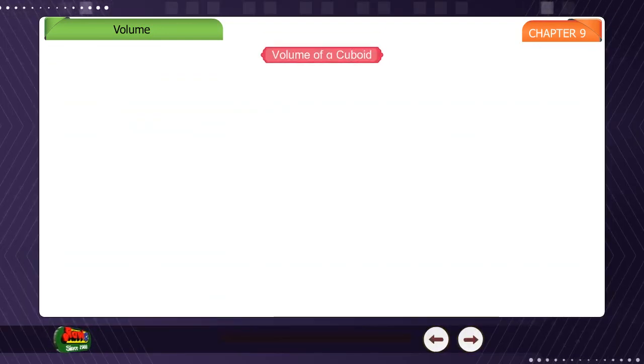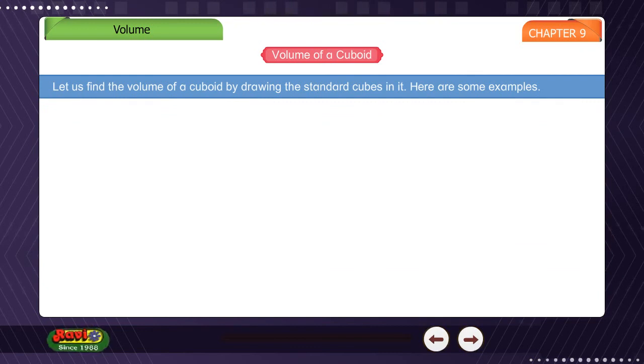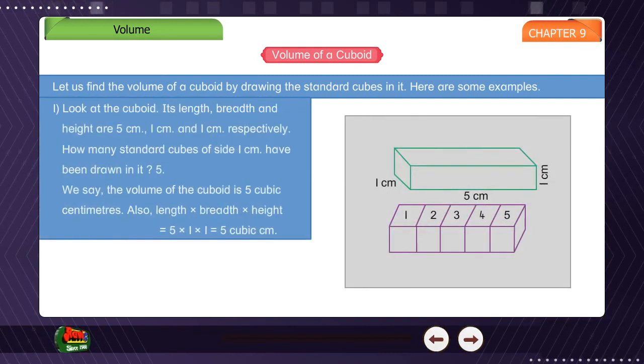Volume of a cuboid. Let us find the volume of a cuboid by drawing the standard cubes in it. Here are some examples. 1. Look at the cuboid. Its length, breadth and height are 5 cm, 1 cm and 1 cm respectively.